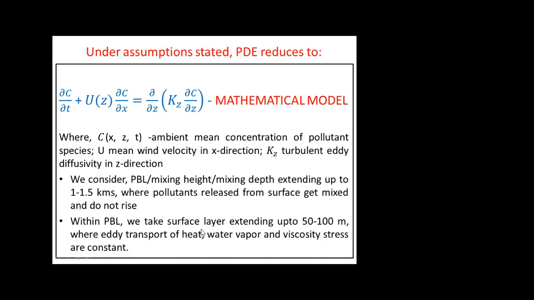So we need to calculate the concentration of pollutant in the surface layer, that is 50 to 100 meter, and it will go in the vertical direction up to 1 to 1.5 kilometer, which I will explain to you later, why I put this 1 to 1.5 kilometer, why it is varying, why it is not fixed. So that we will discuss at a later stage. Now we assign the boundary conditions.